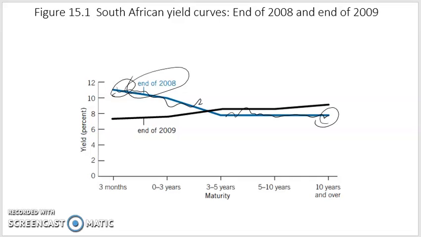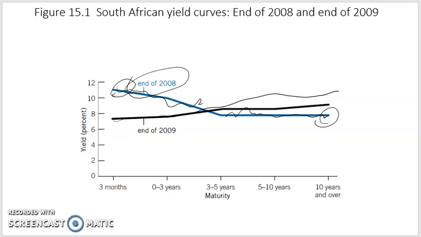Note that one year later, at the end of 2009, the yield curve was upward sloping. This is shown by this second curve here. It was increasing from a 3-month interest rate of 7.3% to an interest rate of 9% for bonds of 10 years or longer.